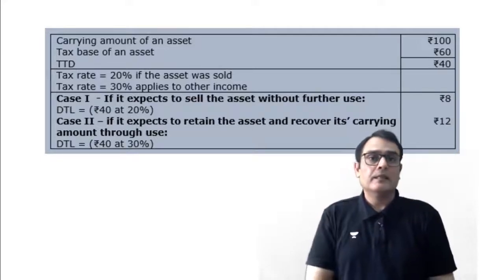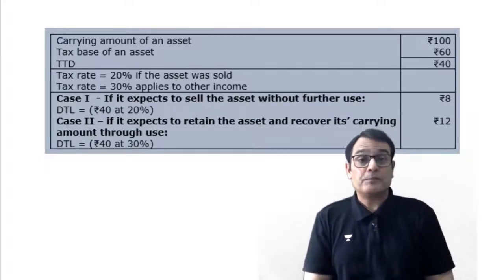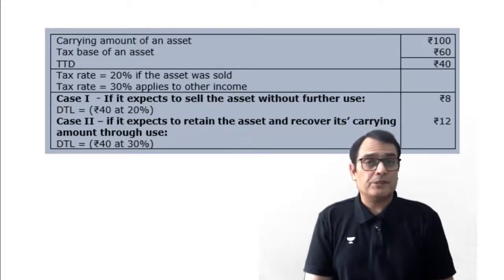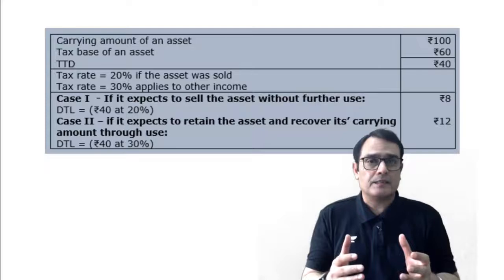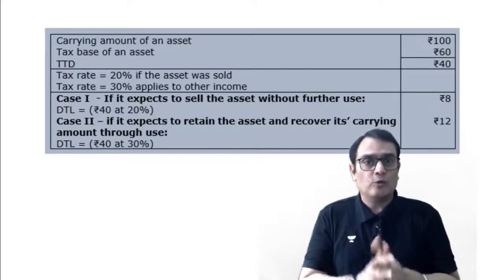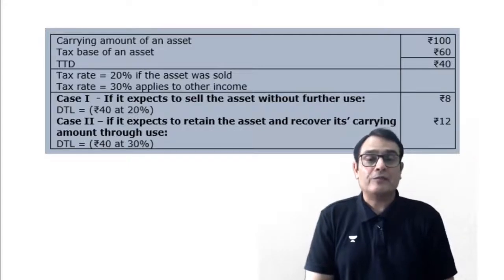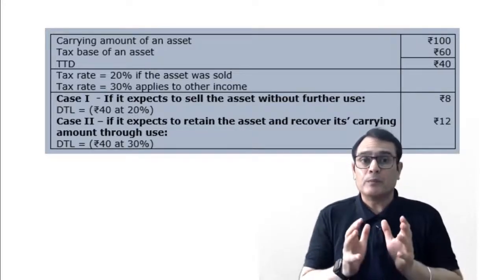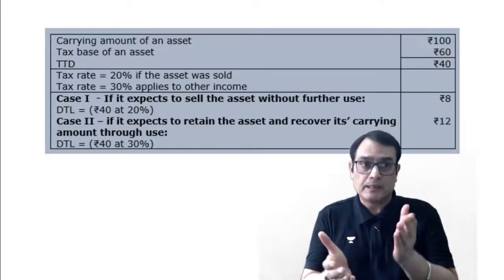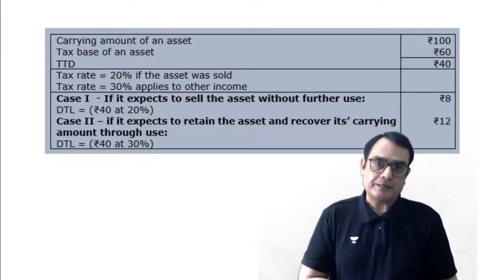For example, there is going to be a tax at the rate of 20% if the asset is sold, and let's say the tax rate is 30% if the recovery of the asset is made by way of use. Now, if the entity concludes that the manner of recovery of the asset is by way of sale, then this 40 will be multiplied with 20% and you're going to get a DTL of 8.